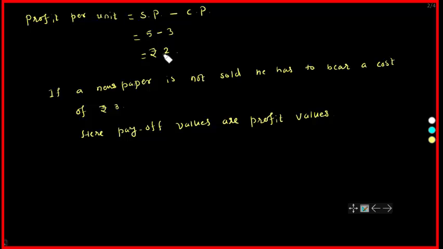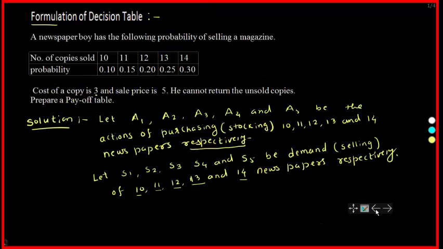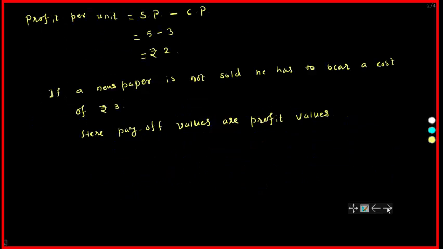Profit per unit is rupees 2. If a newspaper is not sold, he has to bear a cost of rupees 3. See here, given that he cannot return the unsold copies. He cannot return the unsold copies means if a newspaper is not sold on the same day, he has to bear a cost of rupees 3.